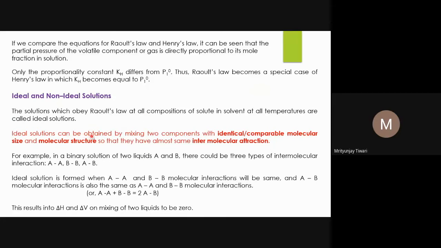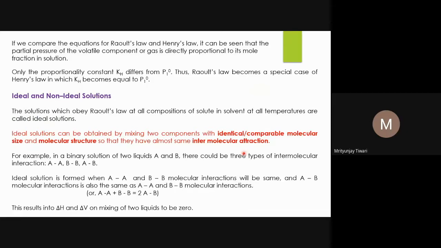So an ideal solution can be obtained by mixing two components with identical or comparable molecular size. Remember, identical molecular size is not possible. Ideally, it should be identical, but we say comparable molecular size because two molecules have different shapes, different volumes, different atomic arrangements. In reality, they do not have exactly identical molecular size.